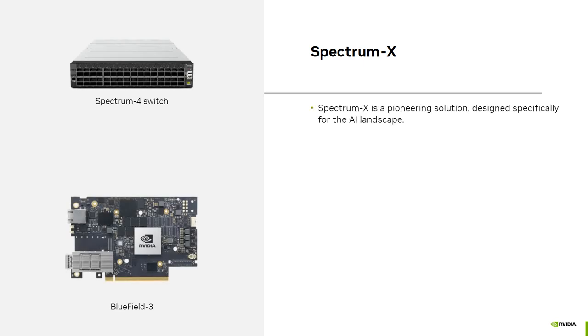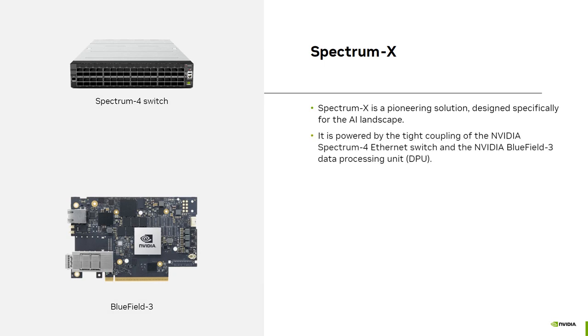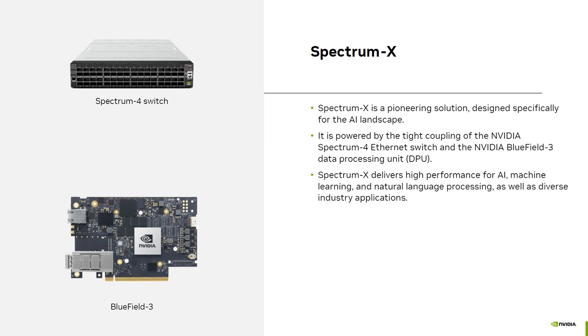Spectrum-X is a pioneering solution designed specifically for the AI landscape. It harnesses the potent synergy of the NVIDIA Spectrum-4 Ethernet switch and the NVIDIA BlueField-3 DPU, ensuring unmatched performance. This platform delivers exceptional performance across AI, machine learning, natural language processing, and various industry-specific applications.